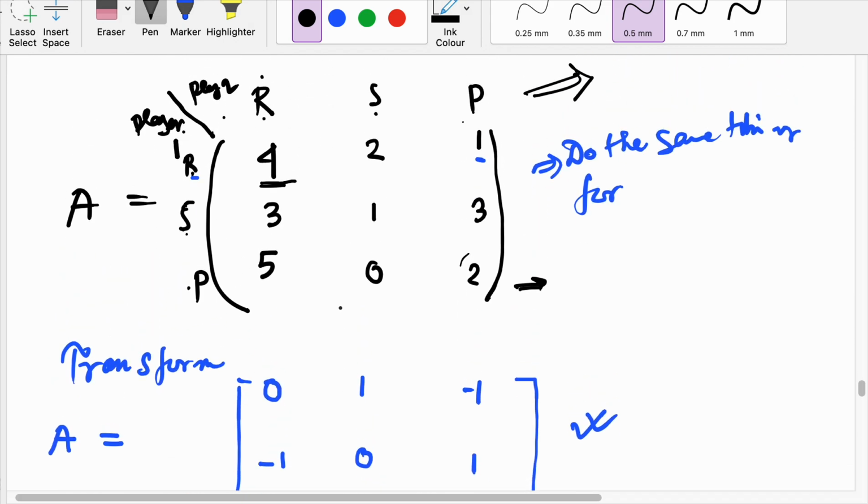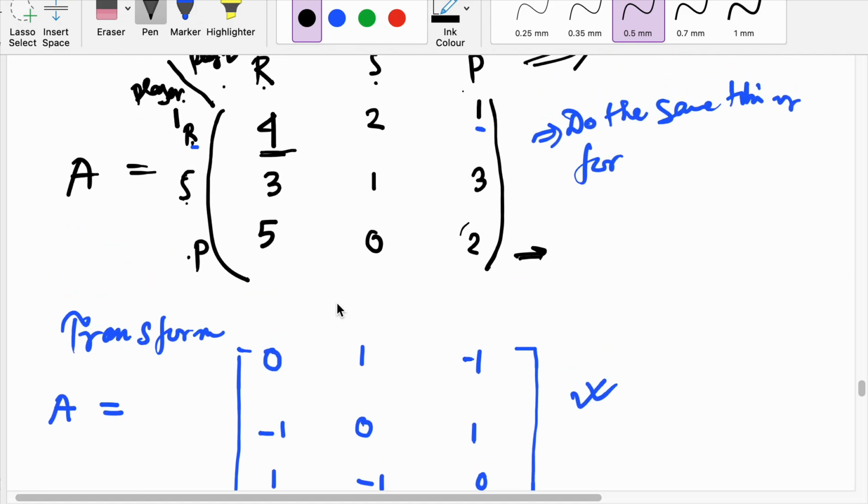Here we came across the concept that if I subtract from every column the diagonal element, then we will get a transformed matrix.